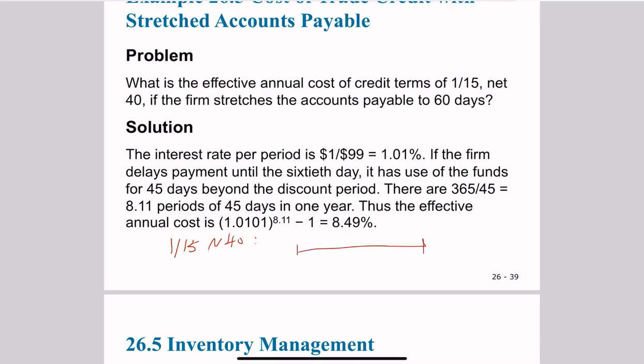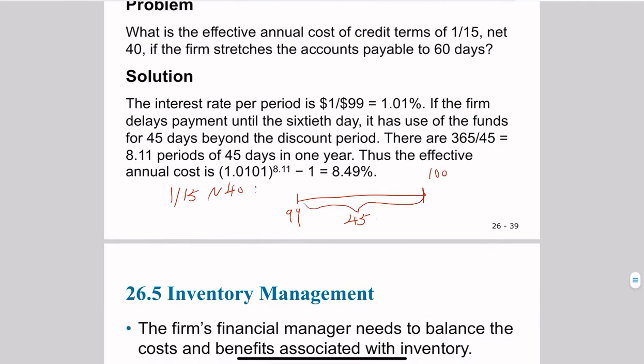the discount on day 15 would be 99, and then the payment on day 60 would be 100. And then the number of days between these two payments would be 45 days.